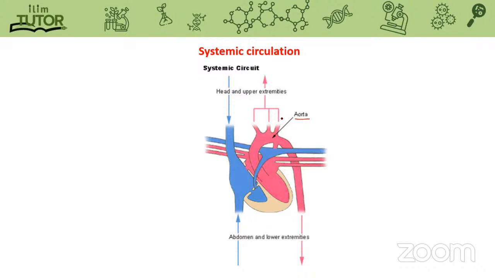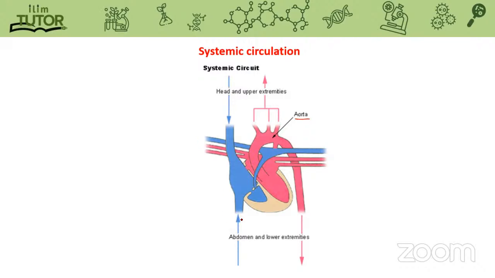Now, when these different tissues or organs within the body have used the oxygenated blood that has been supplied by the aorta or the subsidiaries of the aorta, the deoxygenated blood will find its way back into the heart through the right side.